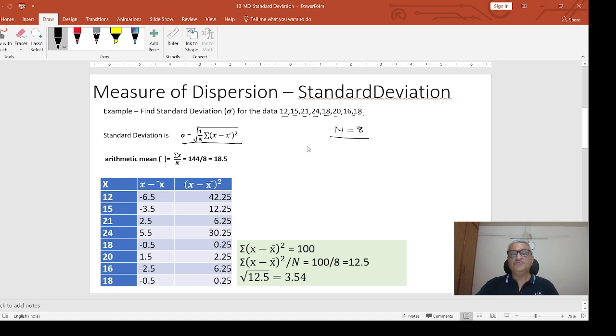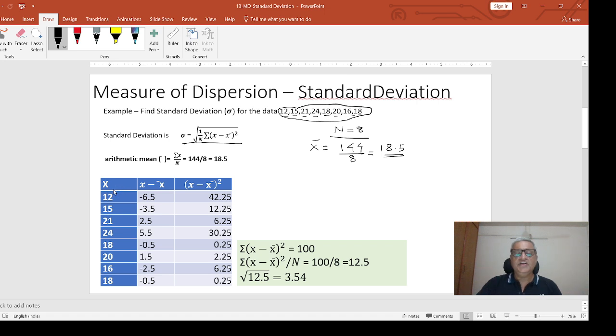Let us first find the arithmetic mean of this series. It is needless to say that it is the summation of all the numbers divided by 8. If I add all the numbers, I get 144, and when I divide it by 8, I get 18.5. So this is my arithmetic mean of this series.